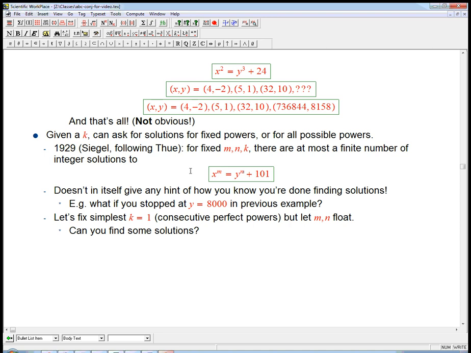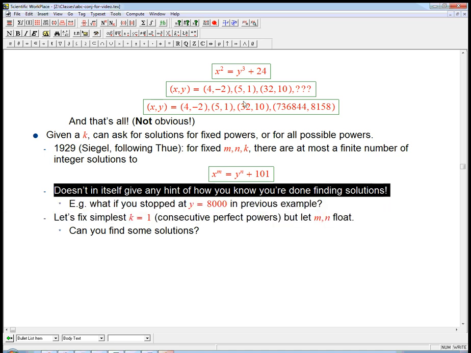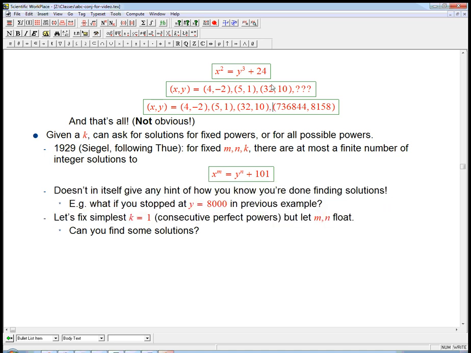In particular, though, it doesn't give any hint of how you know you're done in finding solutions. Suppose we knew this result in advance of trying to find these solutions. We found these 3, and we know there's only a finite number to be found, but it doesn't tell us how many, and it doesn't tell us where to stop. Suppose we had done a brute force search. Maybe you did this at my implicit urging in the last video.